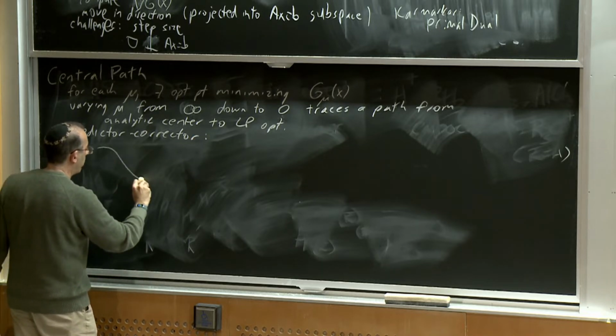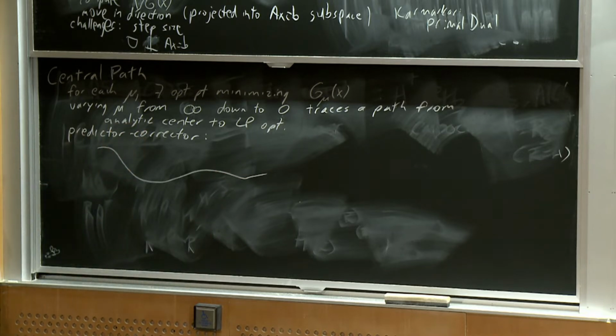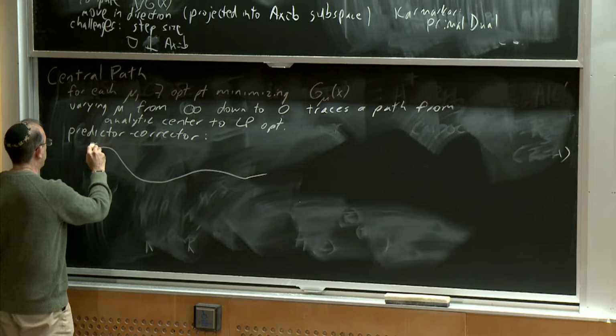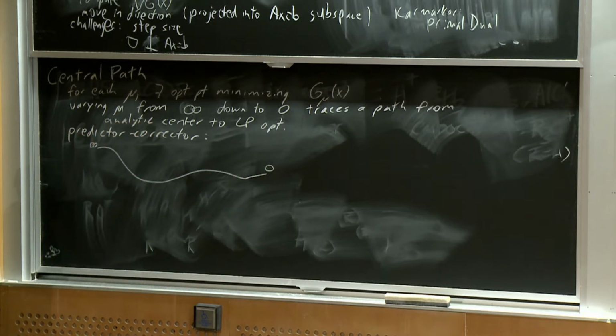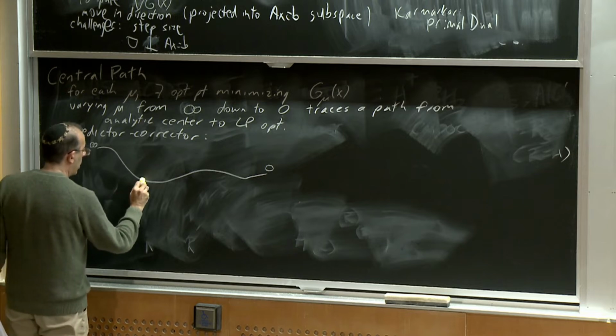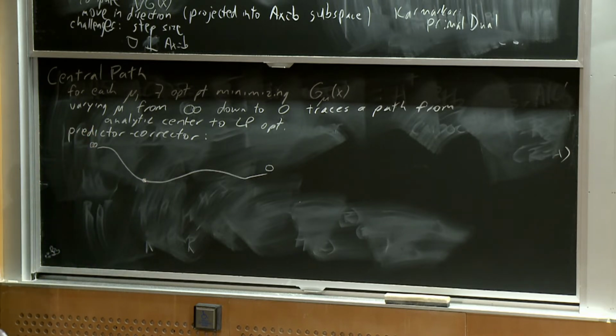You envision that there's some weird central path in your polytope going from the infinite point to the 0 point for mu. You're currently on a certain point on this central path. You have found the optimum for G mu of x for some value of mu. So now your goal is to make mu a little bit smaller and find the optimum for G mu of x at that smaller mu.